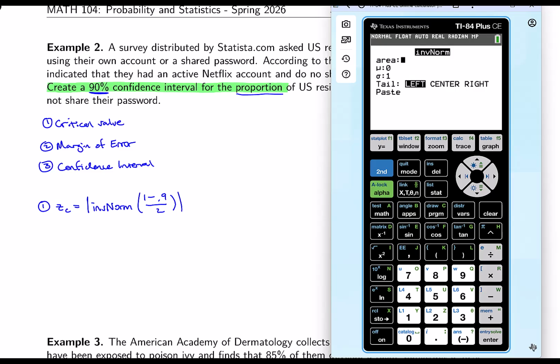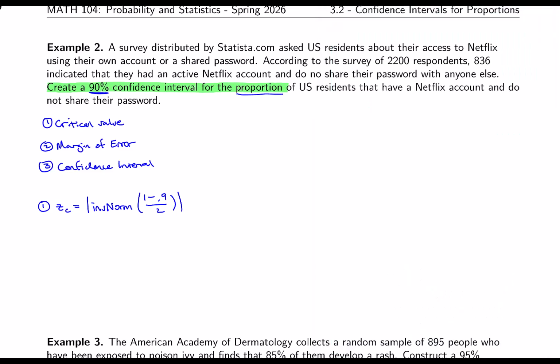And then we divide 0.1 by 2, that's going to be 0.05. So just so you see that calculation, 1 minus 0.9 is 0.1, and 0.1 divided by 2 is 0.05. So I am in fact doing absolute value, inverse norm, 0.05.